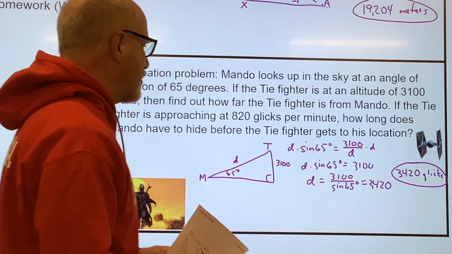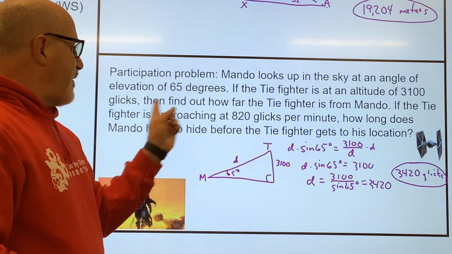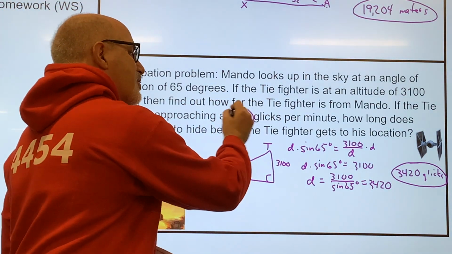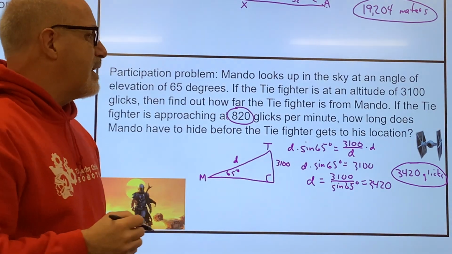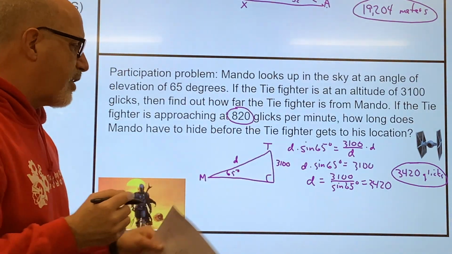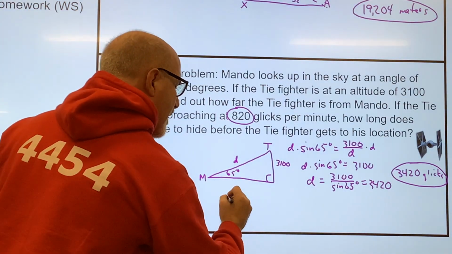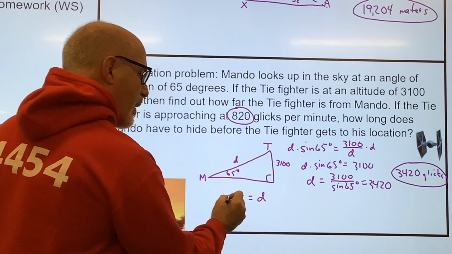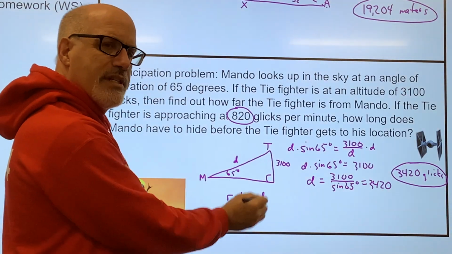Now the second question is, if the TIE fighter is approaching at 820 glics per minute, here's a speed, then how long does it take Mando to hide before the TIE fighter gets to him? Just a reminder, we have the formula that we've used many times in mathematics: rate times time equals distance.